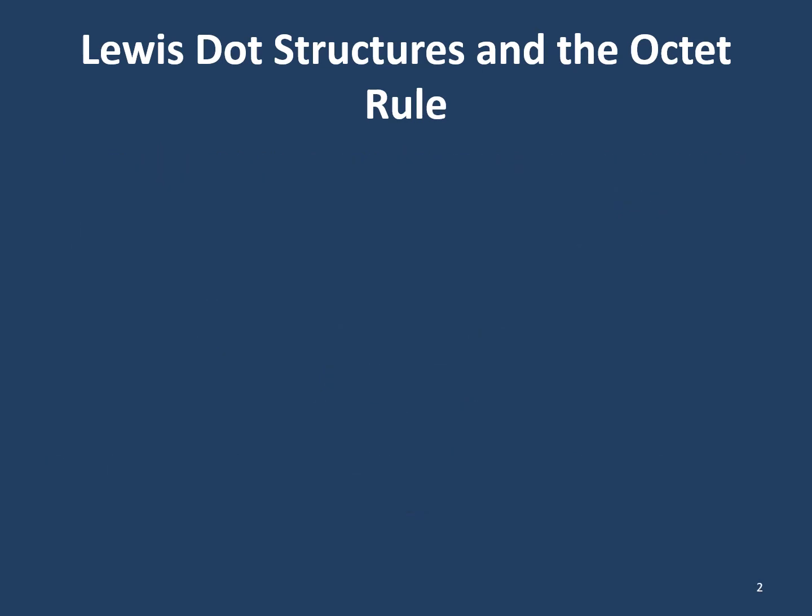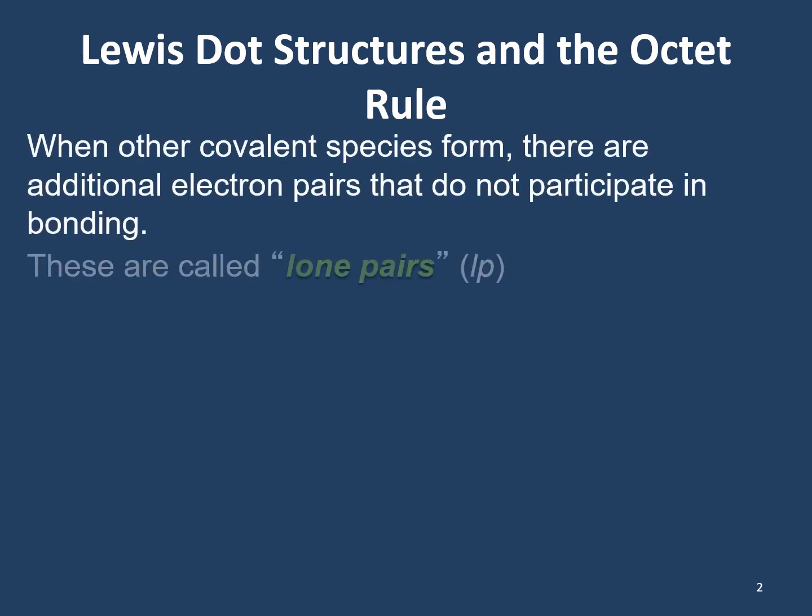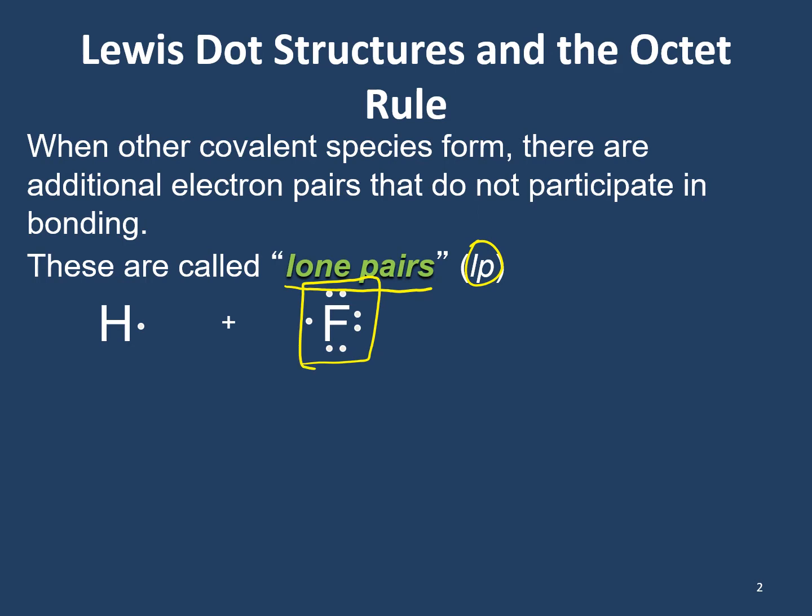Let's do something a little bit more complex. Sometimes we have electrons that are still present in our Lewis structure but are not actually part of a chemical bond. We call these lone pairs, often symbolized by an LP. So we look at H and in this case F. F's Lewis symbol looks like this. H's Lewis symbol looks like this. When they come together, we get this.